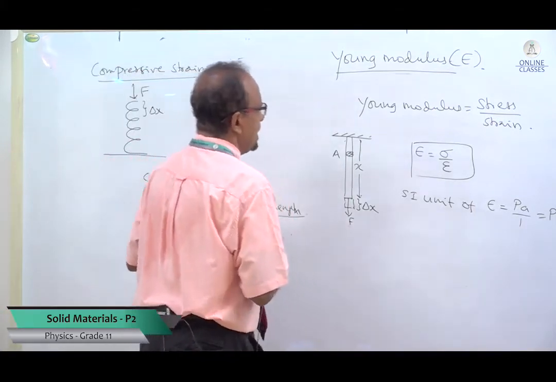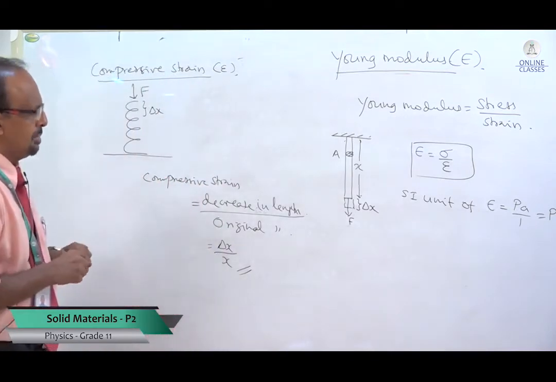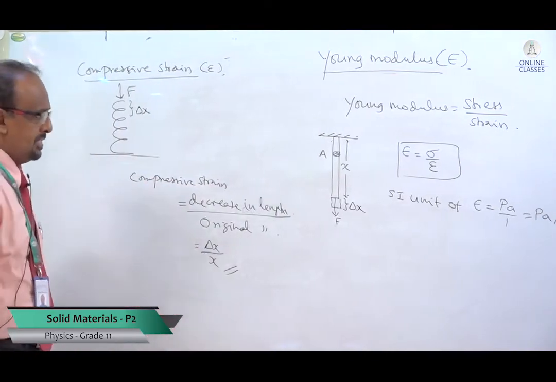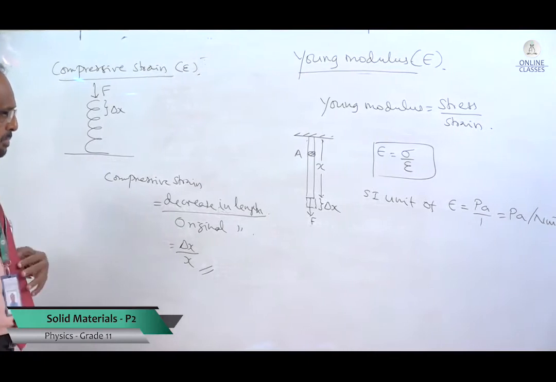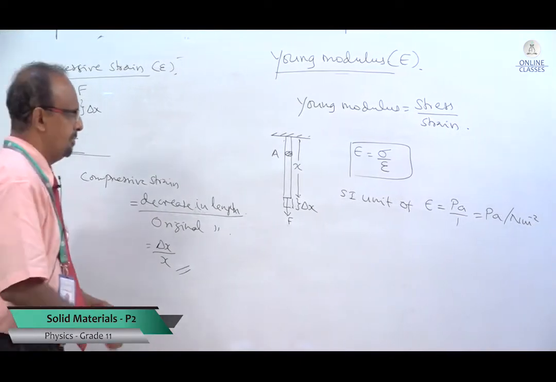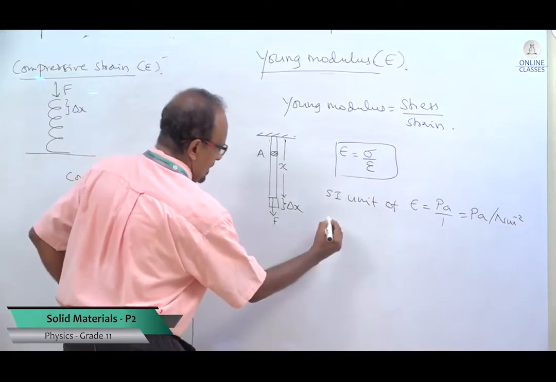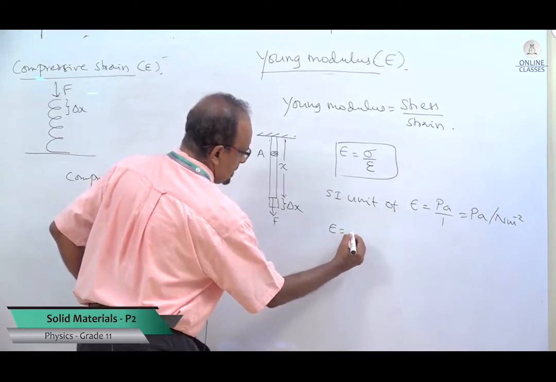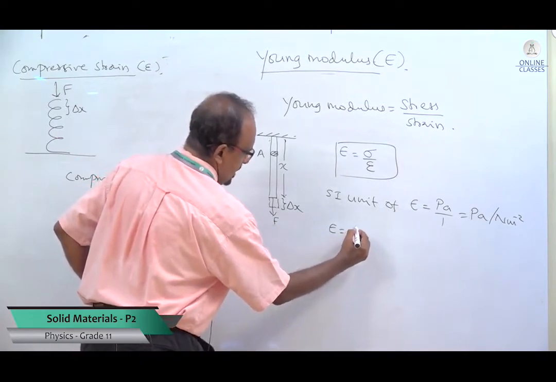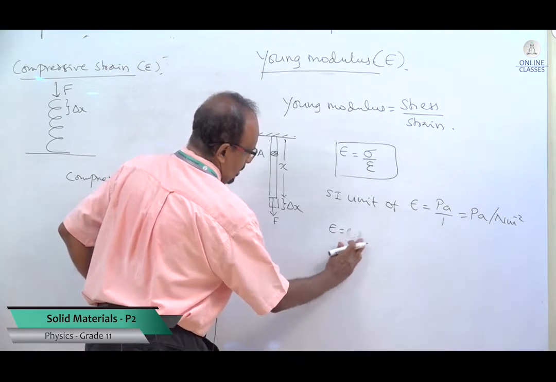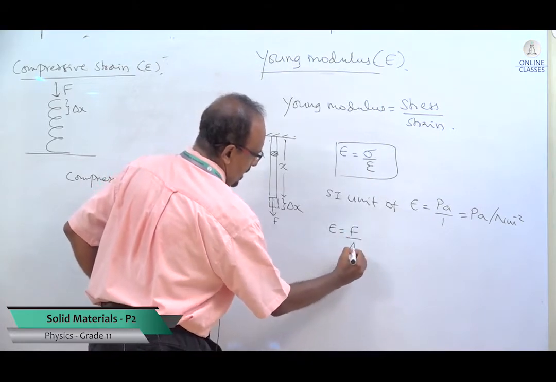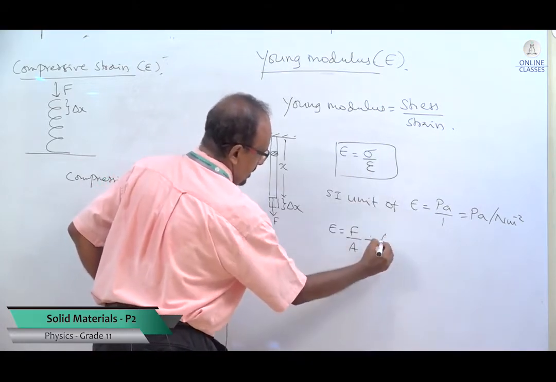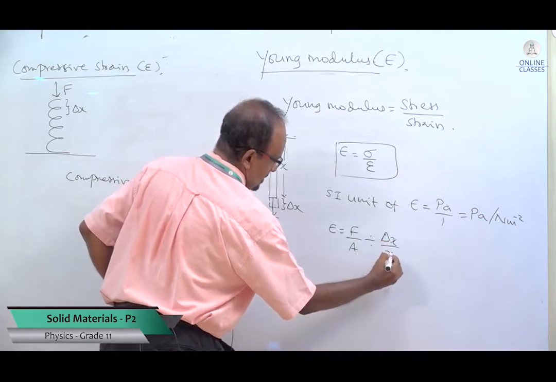Remember, the Young modulus does not depend on the dimensions; it depends only on the type of the material. So we can write another equation for Young modulus. Sigma we can write as F over A, divided by strain, which is delta x over x.